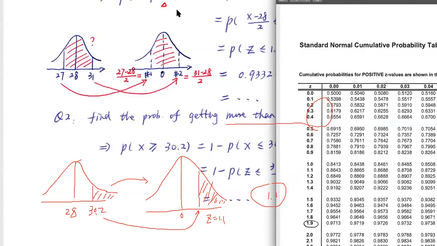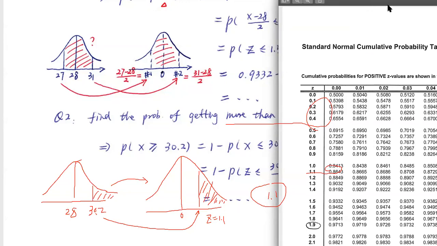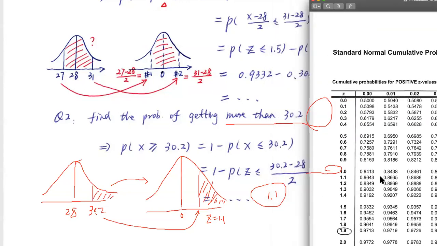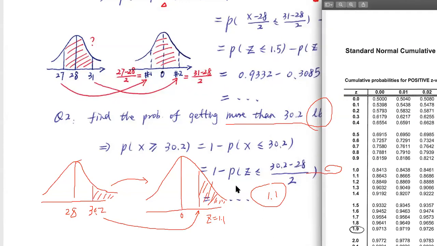So it's like 1.10. Follow me? This one here: 8643. That's the probability we are looking for. That's everything to the left. Everything to the left is 0.8643.